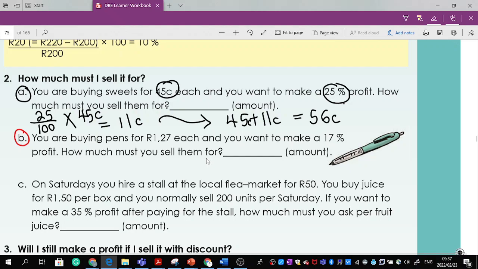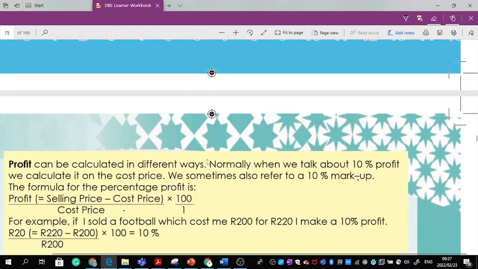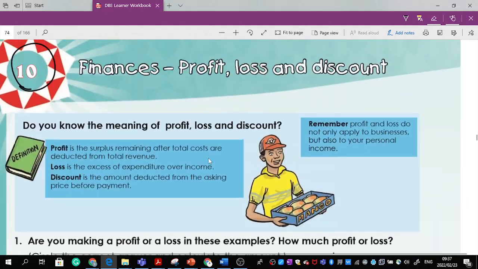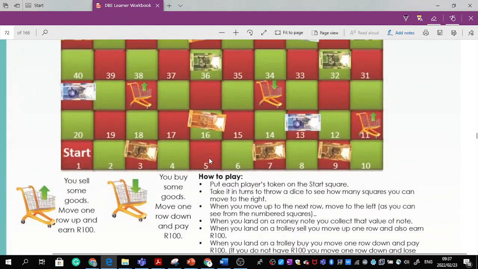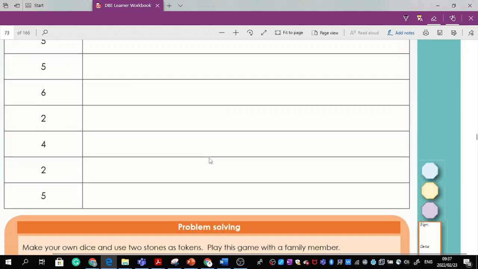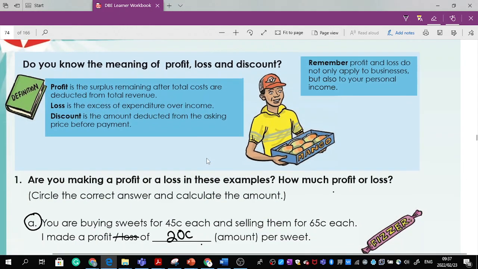All right. Today I want us to look at discount. Just to go back to the definition of discount: it is the amount deducted from the asking price before payment. For example, if you're selling mangoes to the class and you decide to sell them at a discount.